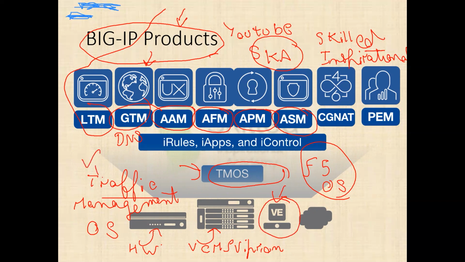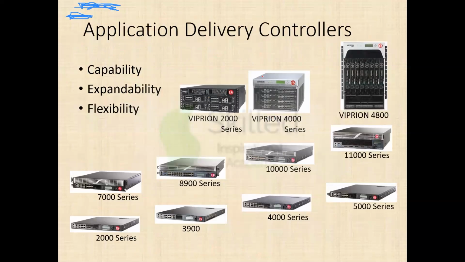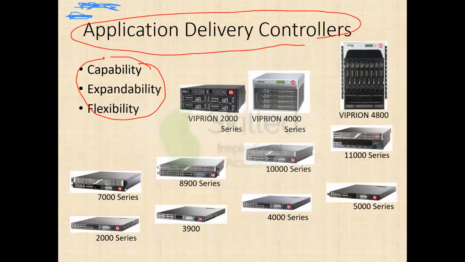So this is how it covers what BIG-IP products are. After all, all this hardware is available. So it depends on which module you need to deploy based on your capability, flexibility, and expandability. All these products are called application delivery controllers. These are the hardware available in the market.